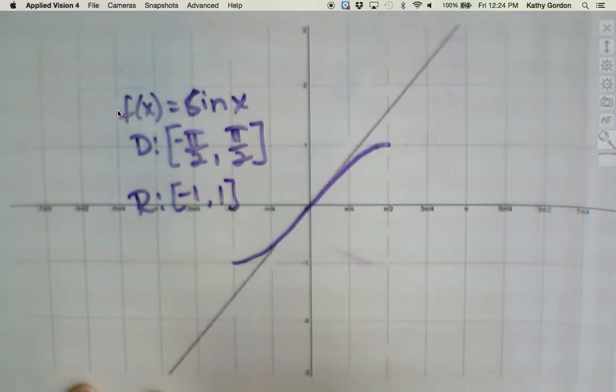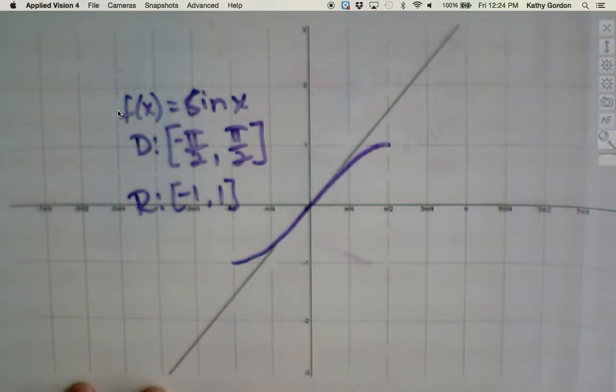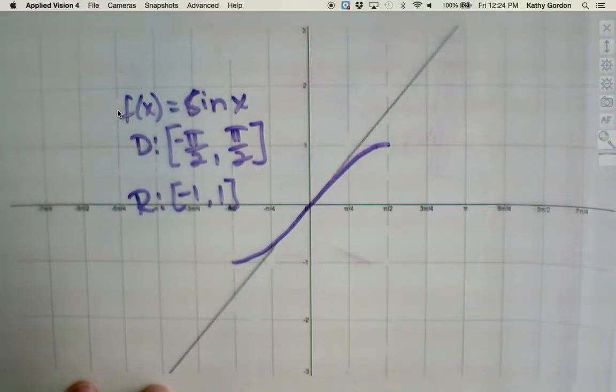So again, notice my range didn't change. So I'm still including all of the possible range values when I limit things down. It's just the x values where I'm doing the restriction, okay? See if I can make this a little bit clearer. Is that a little better?